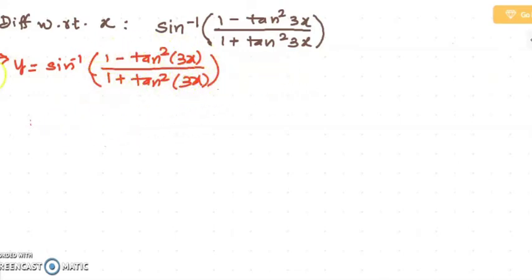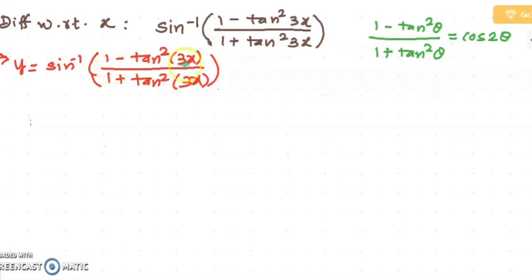I remember one formula: 1 minus tan square theta upon 1 plus tan square theta. What is that equal to? It is equal to cos 2 theta.